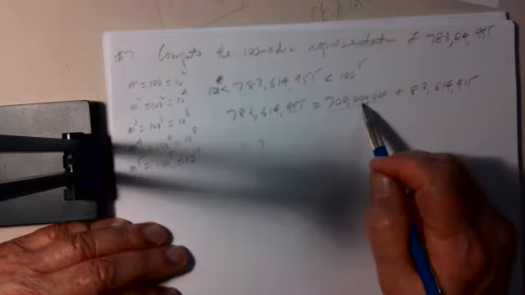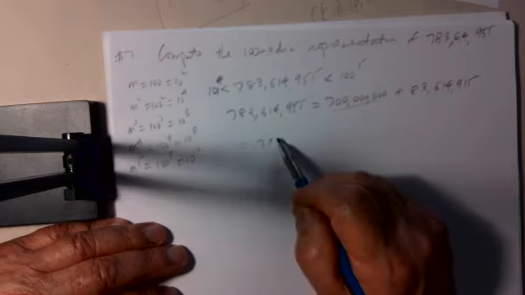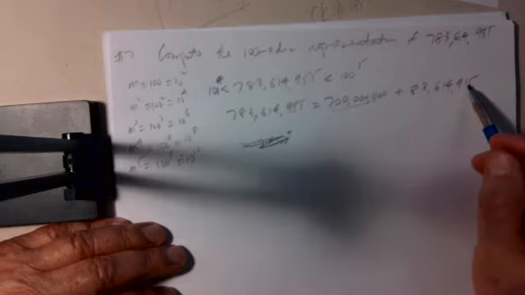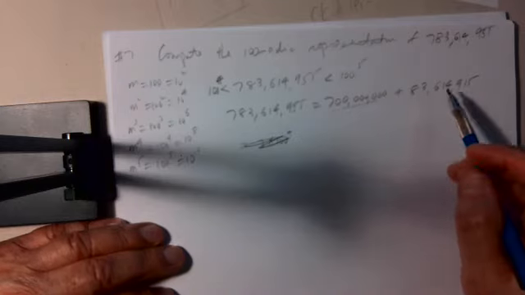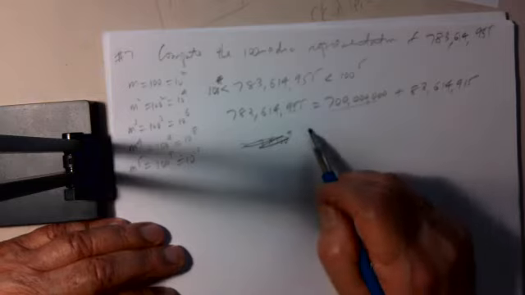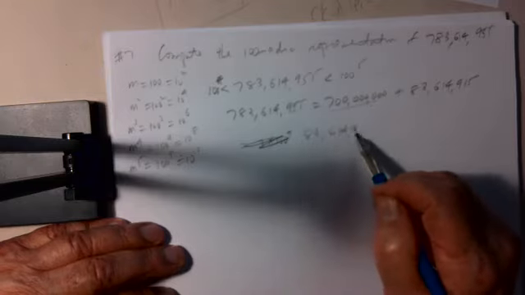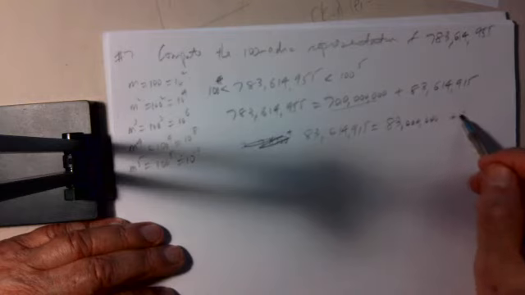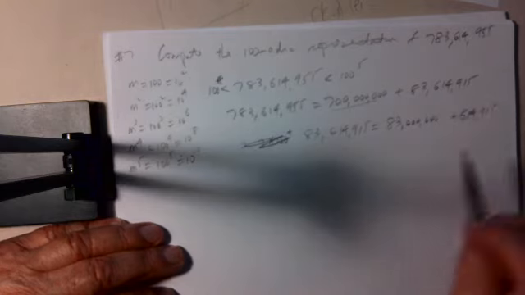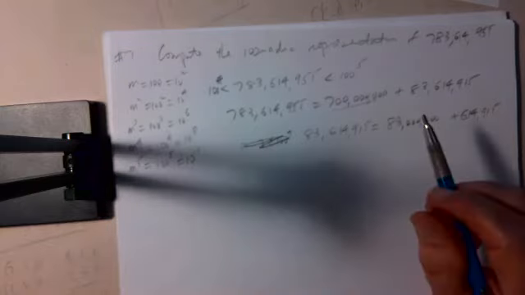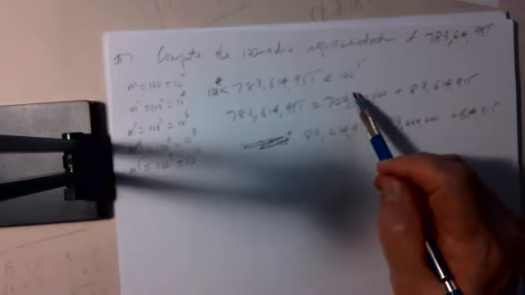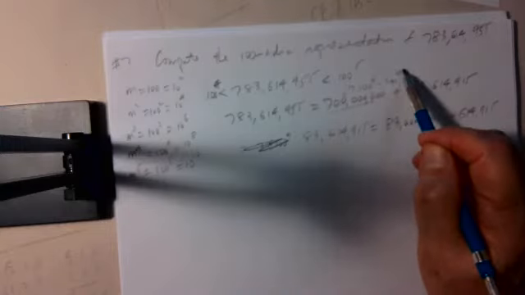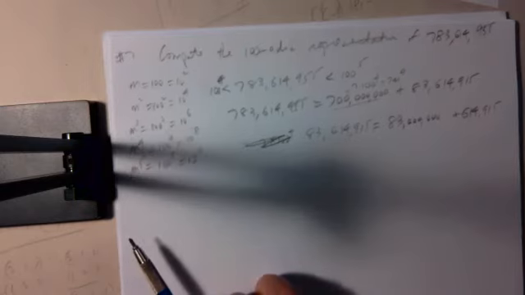That's 7 times 100 to the fourth, which is 7 times m to the fourth, and m is 10 squared. What is 83,614,915? This number is between 1 million and 100 million.